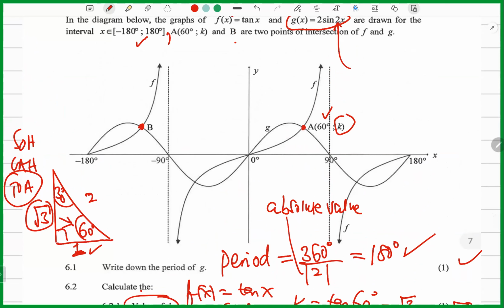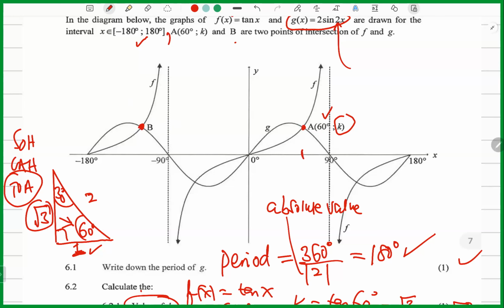Okay, if this is the point B, you can see symmetry. There's some distance of the same size from here to there. Okay, let's see what this means for us. So it means that from 90 degrees now you switch back.